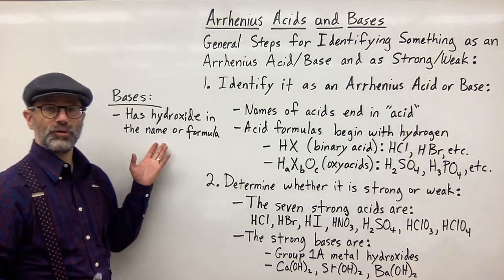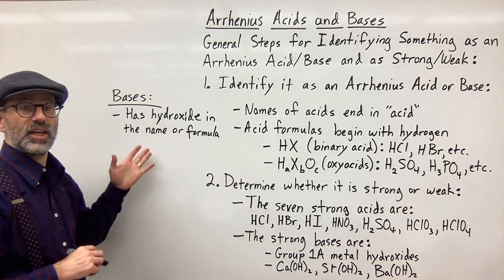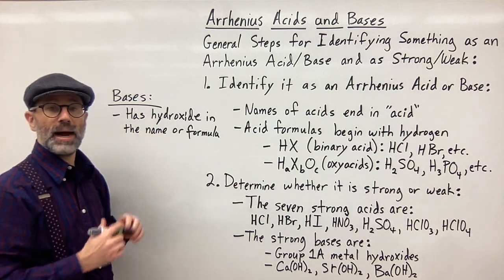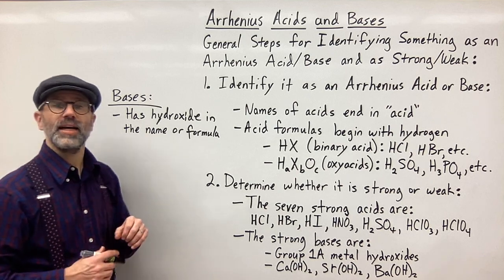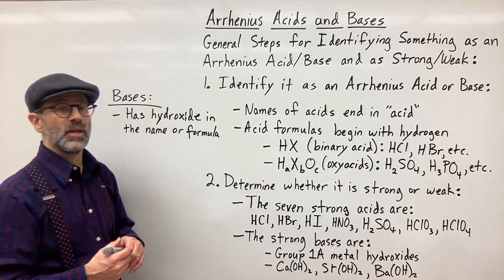Right. So if you see the word hydroxide in the name, or if you see the OH minus or OH in the formula, that's going to be a dead giveaway that it is an Arrhenius base.